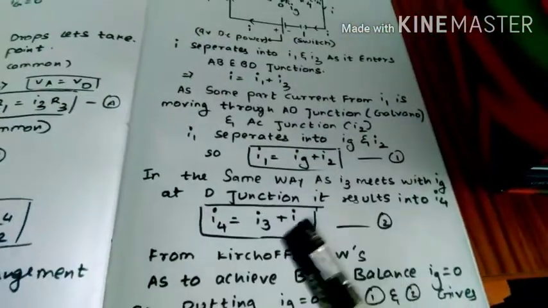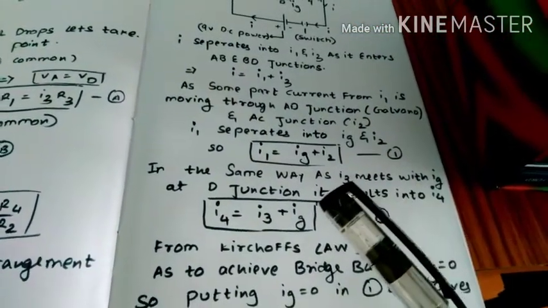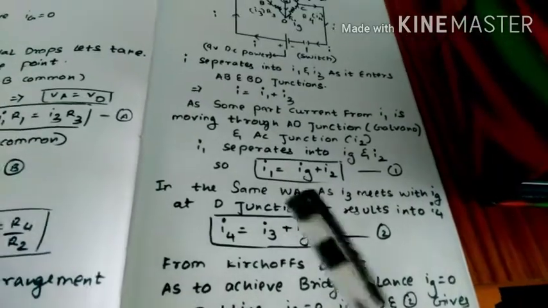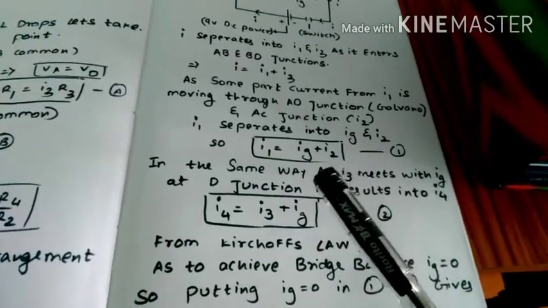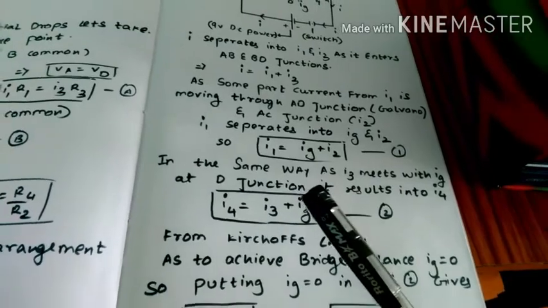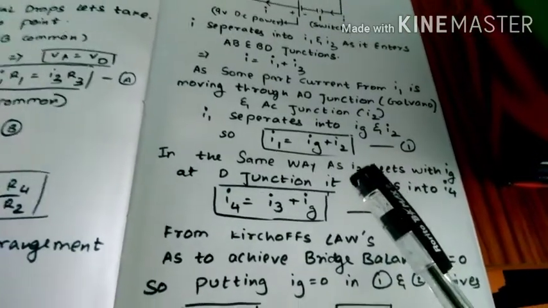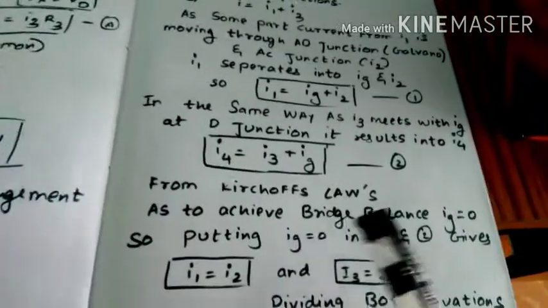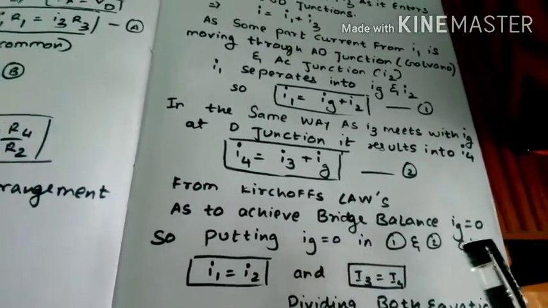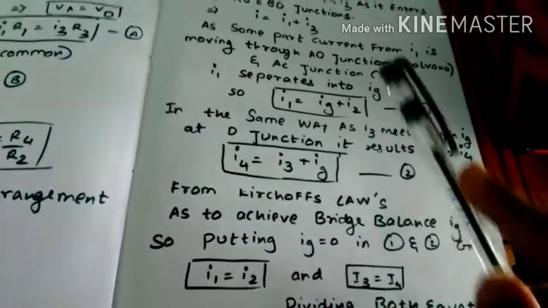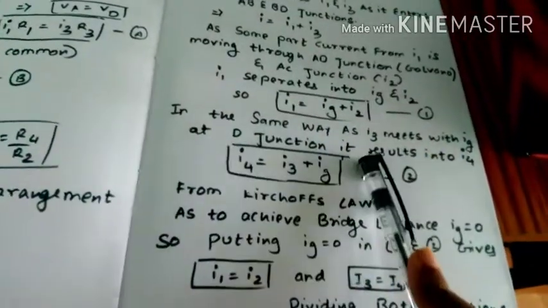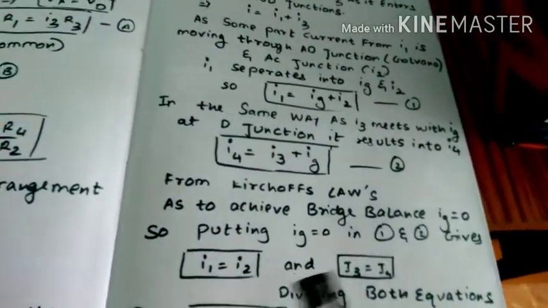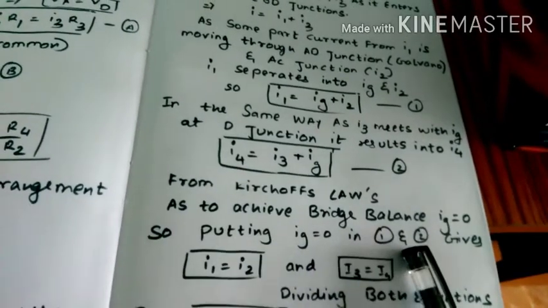As we know, in order to attain the balance condition for the Wheatstone bridge, the current through the galvanometer should be 0. So Ig is equal to 0, and putting that in these two equations, we get I1 is equal to I2 and I3 is equal to I4.